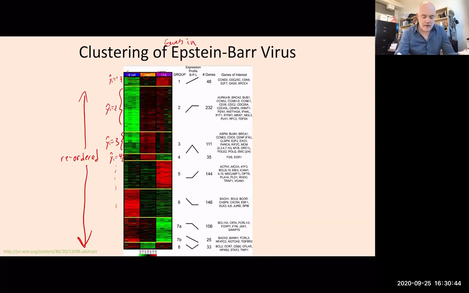Again, I don't know a huge amount about this application, but it's the kind of thing that gets put on my desk all the time, right? So here are 48 genes, here are 232 genes, here's 111 genes, 35, 144, so on and so forth. And these are 4 independent cell lines for each of a different stage of growth.